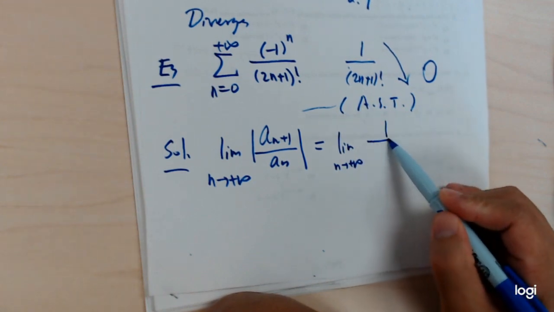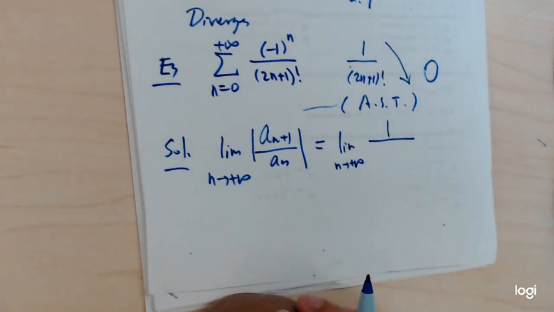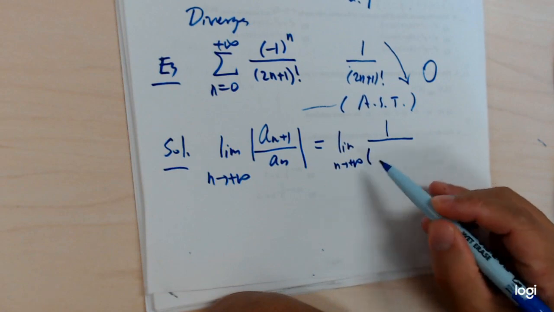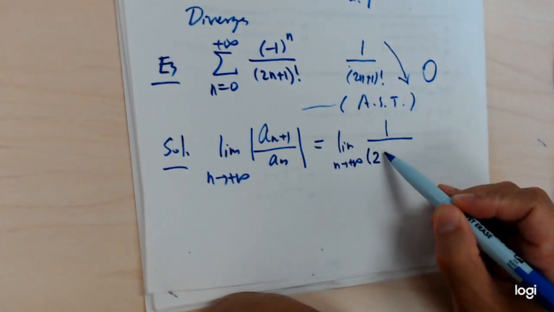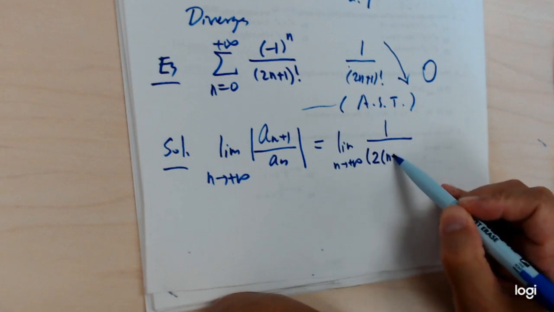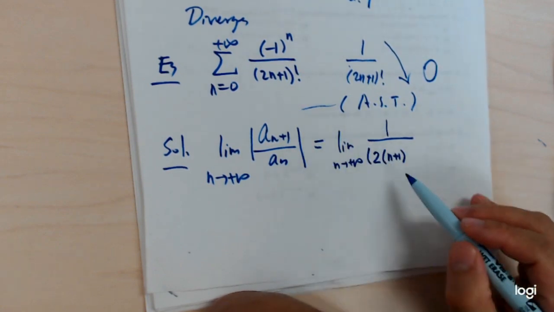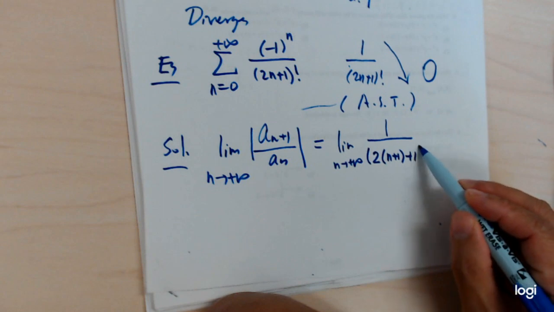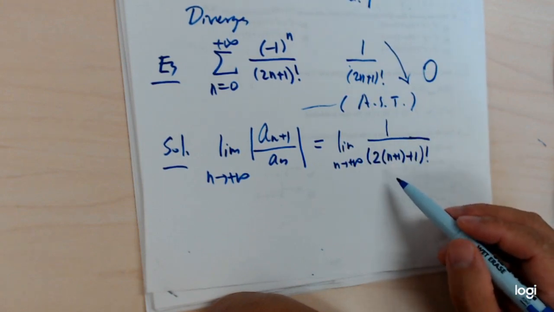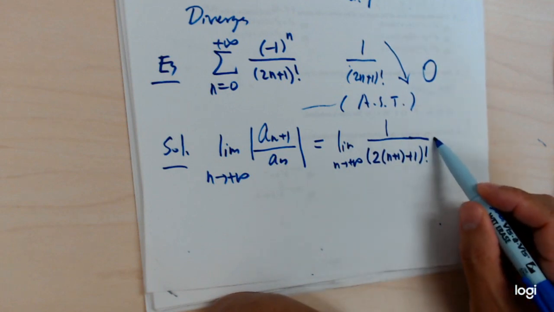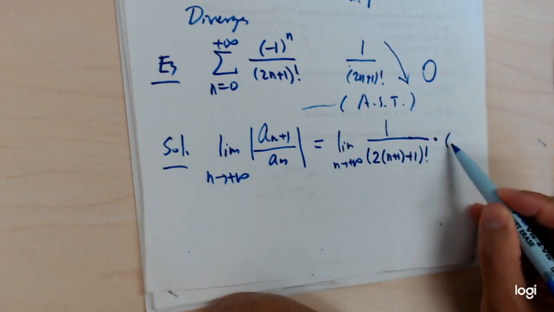It's 1 over, now once again we're going to replace the n here with n plus 1. So it is 2 times n plus 1, and replace the n with n plus 1. So this guy is a sub n plus 1. Divide by a sub n, so multiply with its reciprocal.